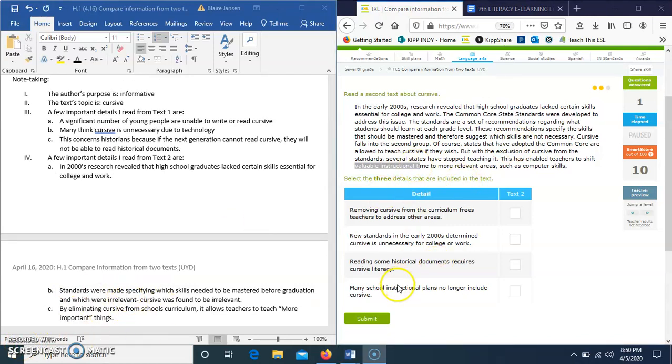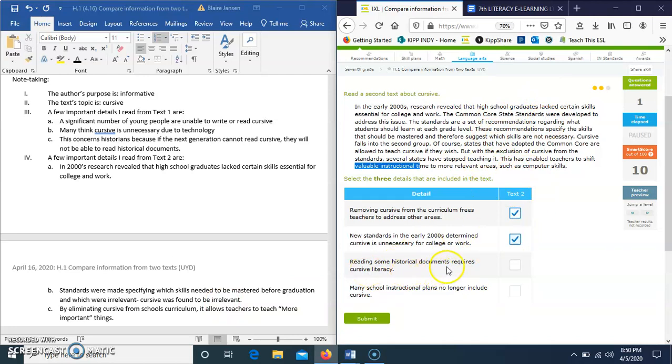Now I'm looking at my text details. I see that removing cursive from the curriculum frees teachers to address other areas was listed. We just discussed that. So I'm going to check here. New standards in the early 2000s determined cursive is unnecessary for college or work. Yep, we said it was found to be irrelevant in this text number 2. So I'm going to check that here.